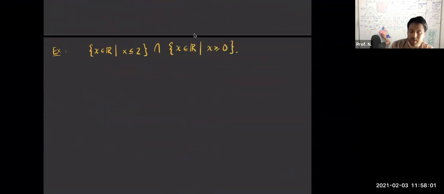Let me give you another example. What if I have the set of all real numbers such that x is less than or equal to 2, and the intersection of the set of all real numbers such that x is greater than or equal to 0?